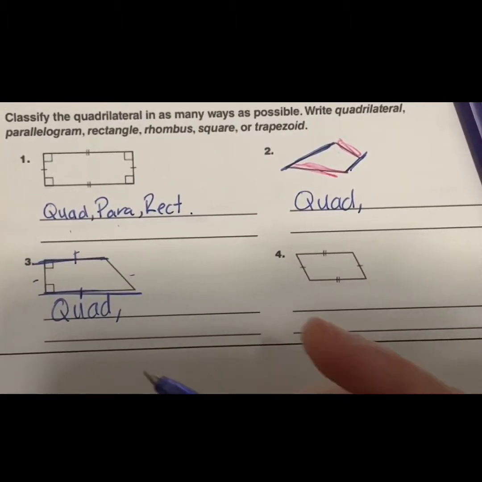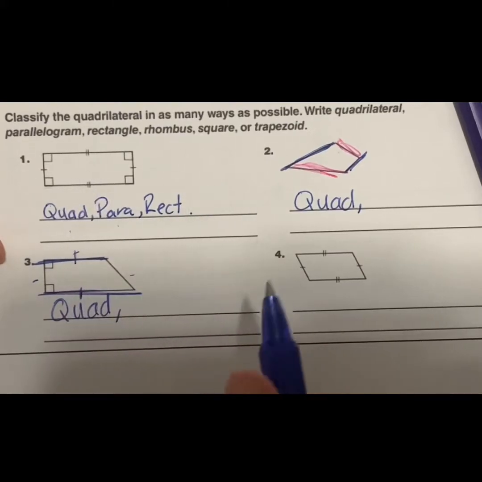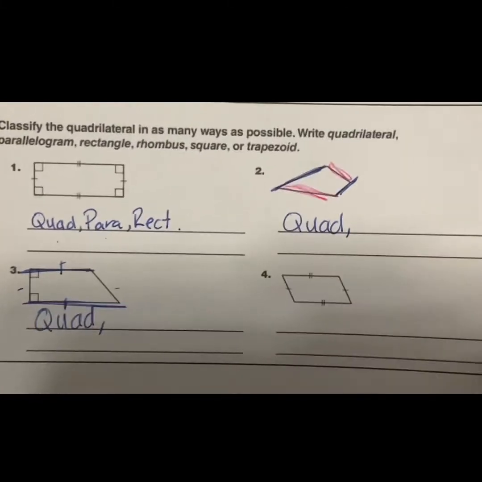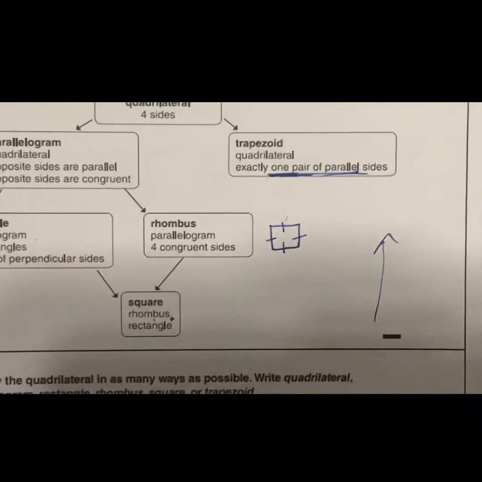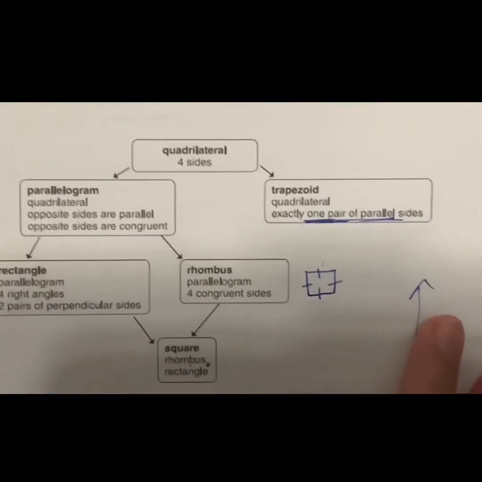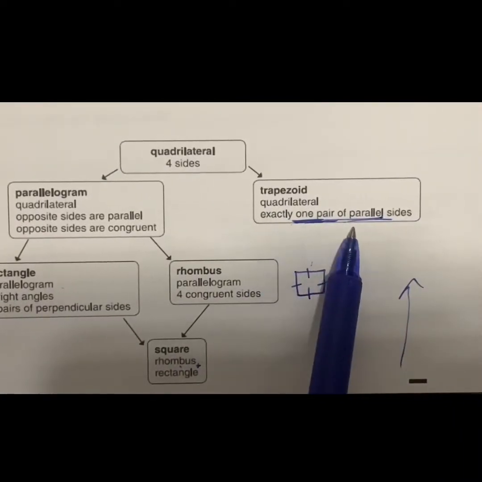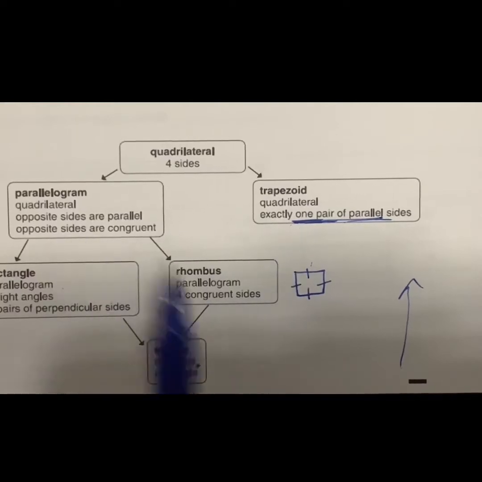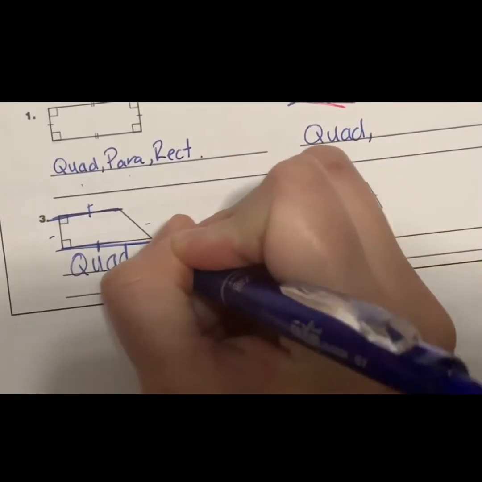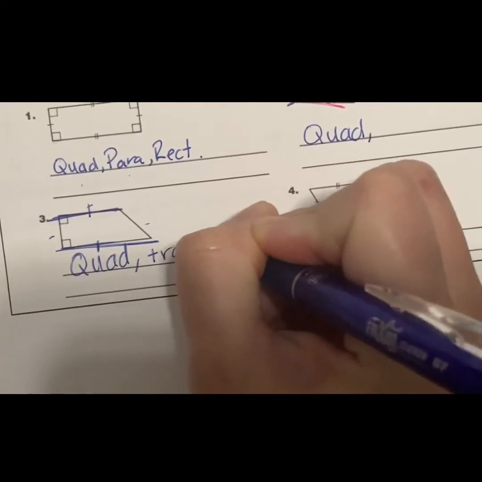All right, so it is not a parallelogram, but it is a trapezoid, because a trapezoid has to have exactly one pair. So trapezoid is one pair, parallelogram is 2. So this is a trapezoid.